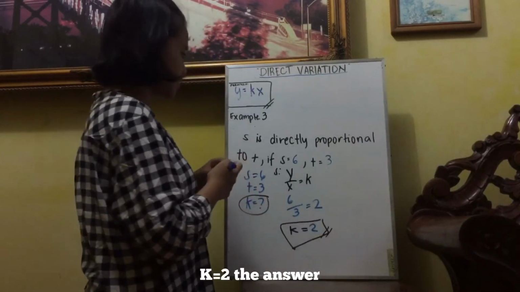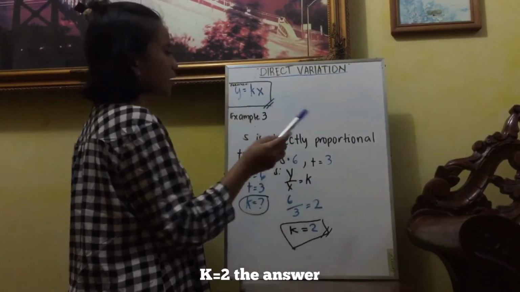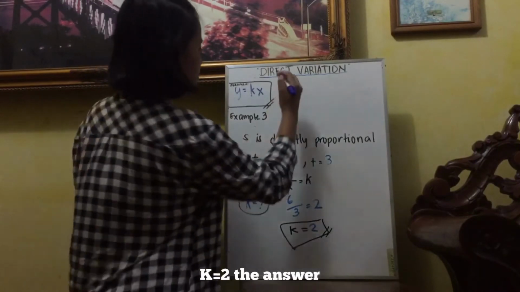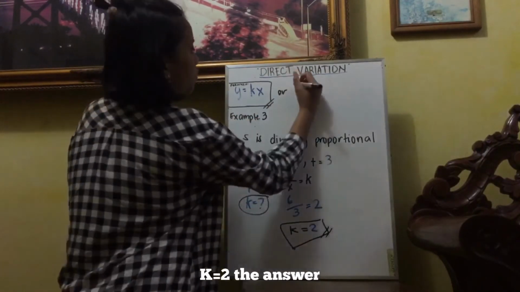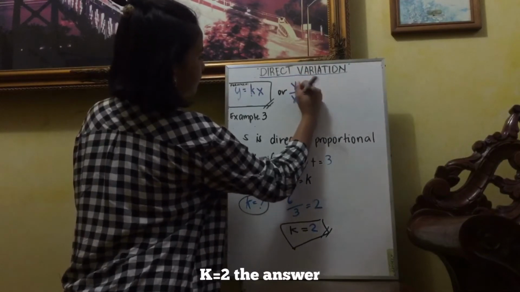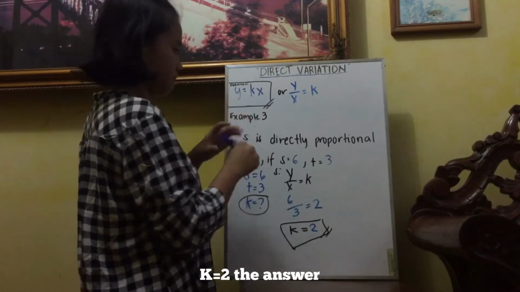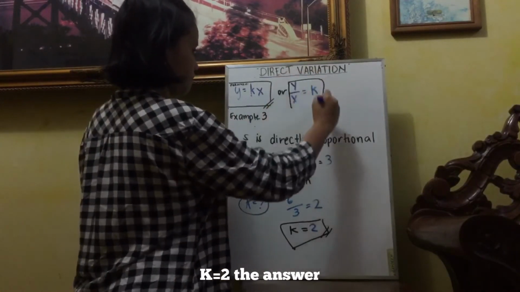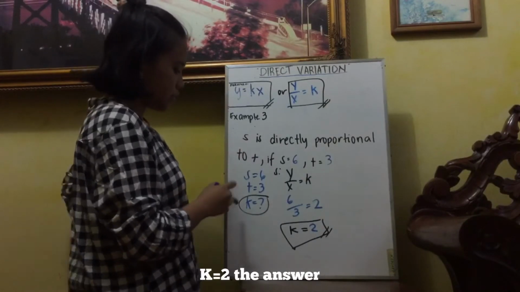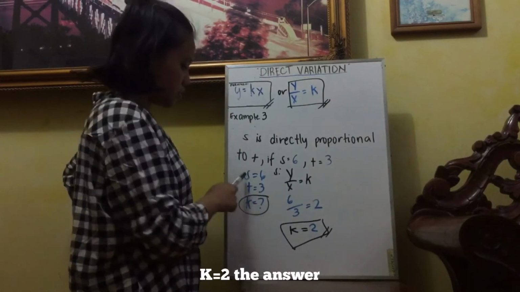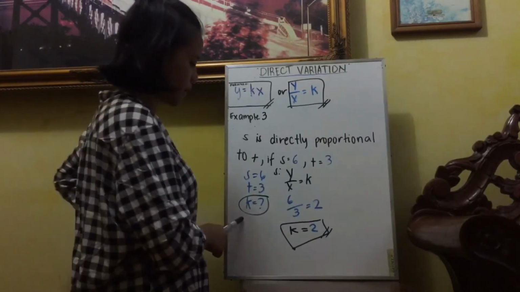By the way, the formula of direct variation can be y equals kx, or y over x is equal to k. So first, list down: y equals 6, then x equals 3, and we need to find k.